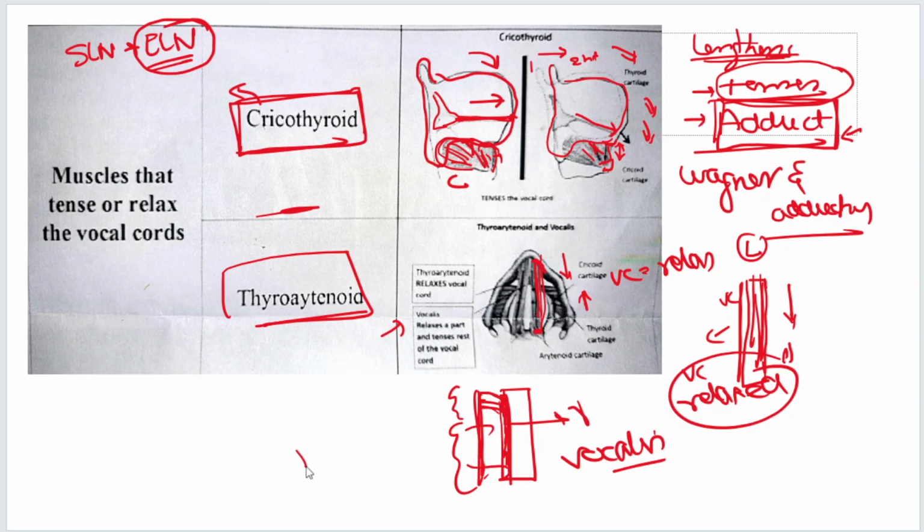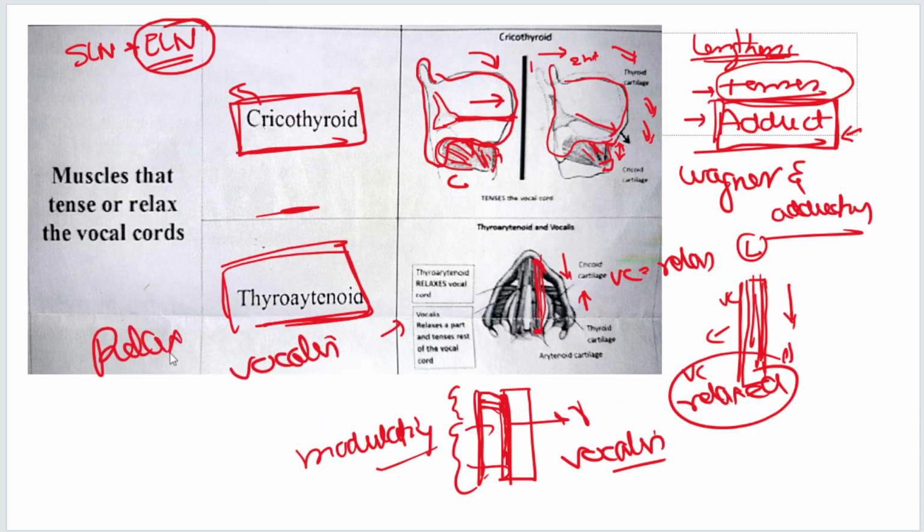So it is modulating. It is useful in singing and when you want to change the voice. So basically, thyroarytenoid and vocalis relax the vocal cord because they are present lateral to the vocal cord, and when they contract, the vocal cord relaxes.